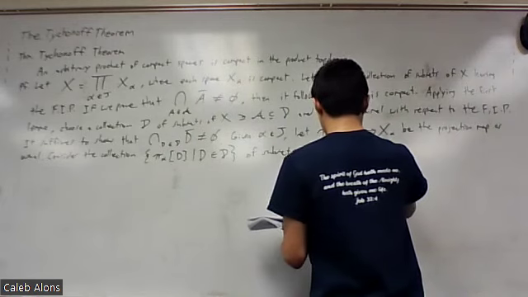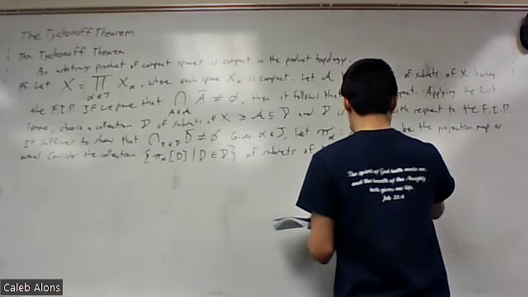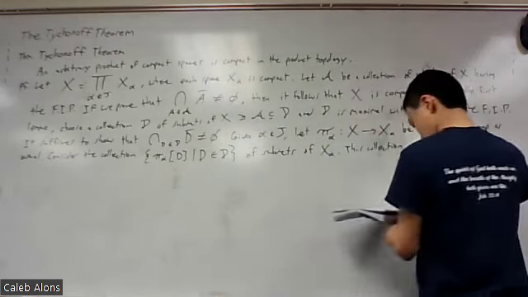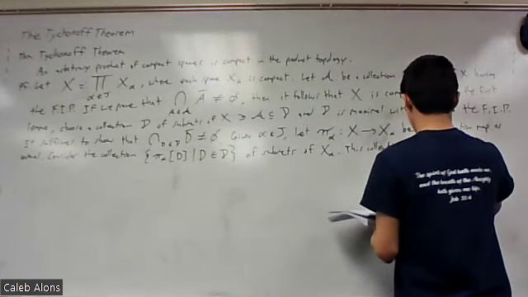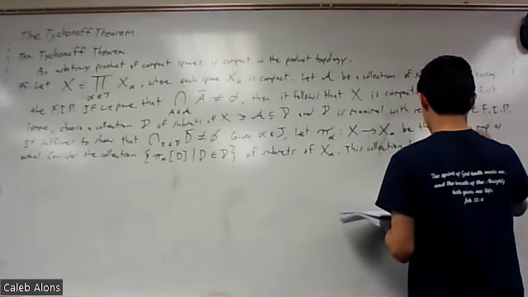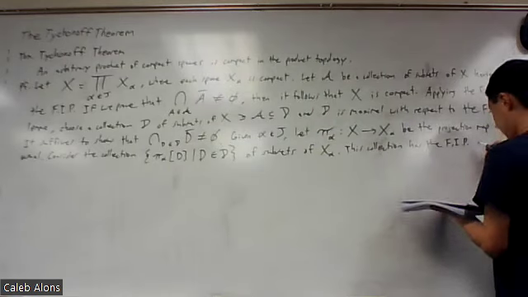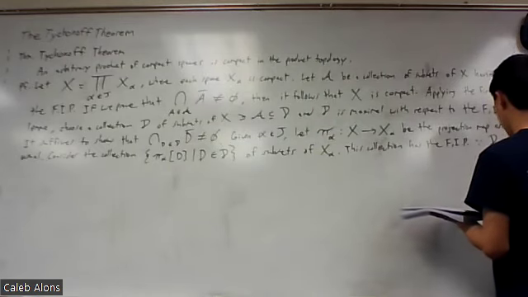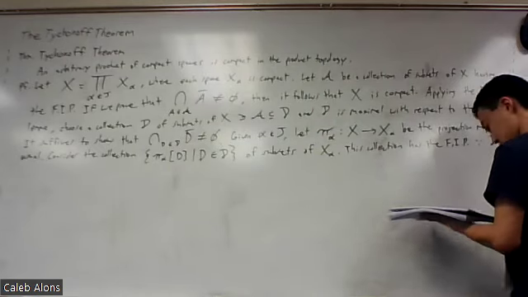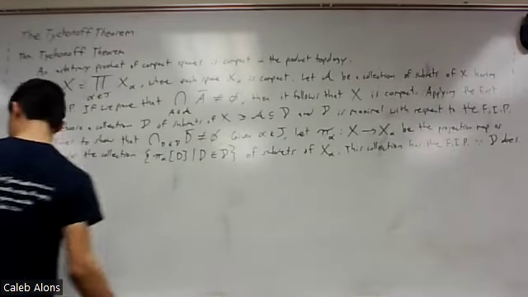So this collection has the finite intersection property because, well, D does. Moving on.